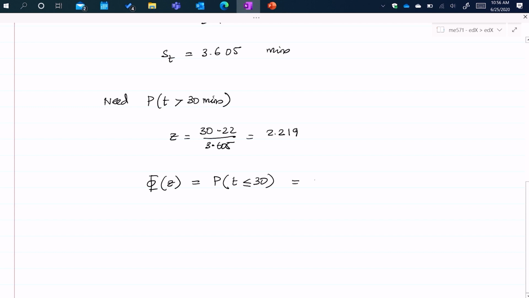And therefore, this is equal to 1 minus the probability that t would exceed 30 minutes. So what we then seek is the probability that t would be greater than 30 minutes, and that will be equal to 1 minus phi of z.